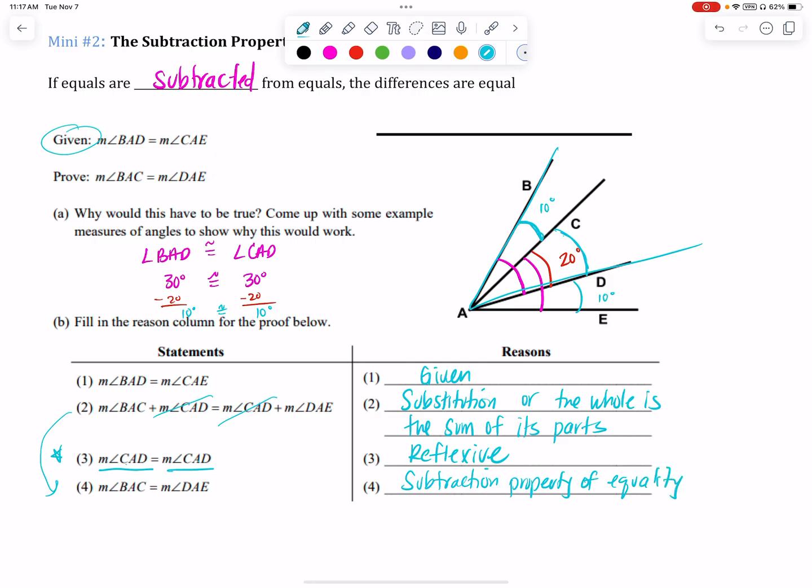Please write equality, because if you subtract something on both sides that's the same value, then the remaining values will be the same, given that they're equals. All right, pause this video if you need more time, and let's move on.